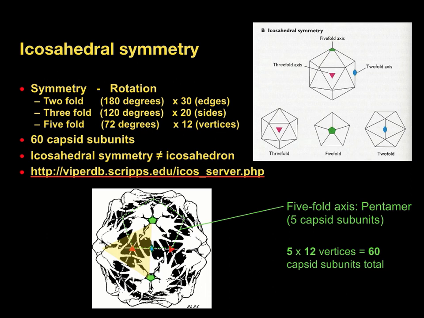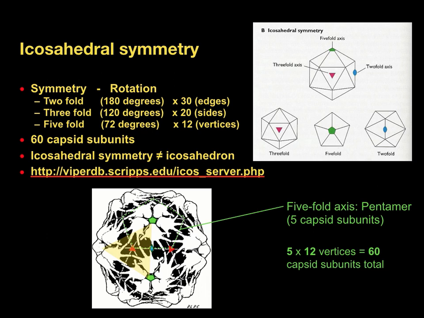So in this particle, we can see the different axes of rotation or axes of symmetry. We have here the fivefold symmetry axis, and we can see that in each of the sides of this pentagon, we have a different subunit.